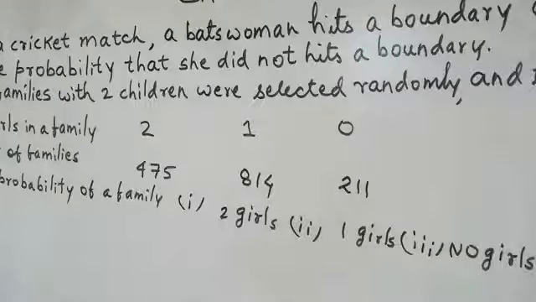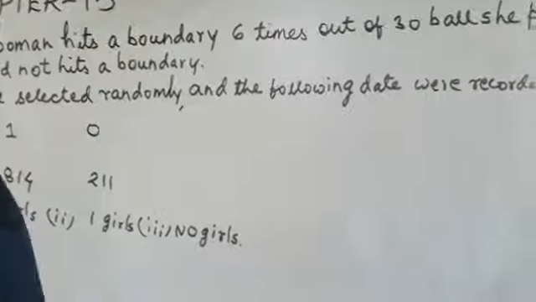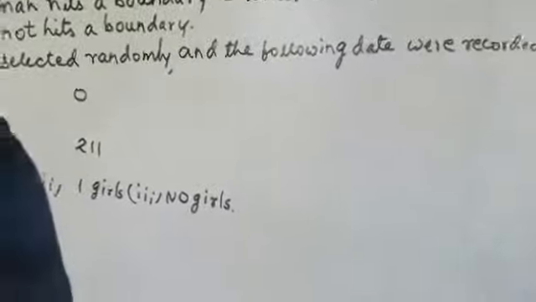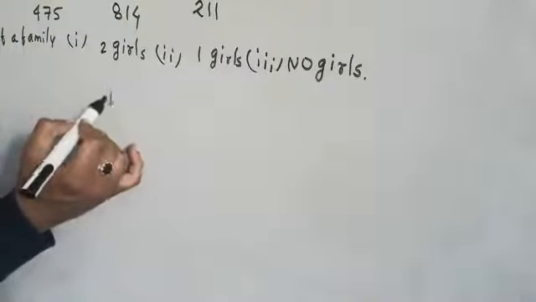To solve this question, we will write the same steps I just told. I had told the formula: probability is equal to favorable outcomes upon total number of outcomes. So you will use that same formula and solve the question. This is the solution of the first one.